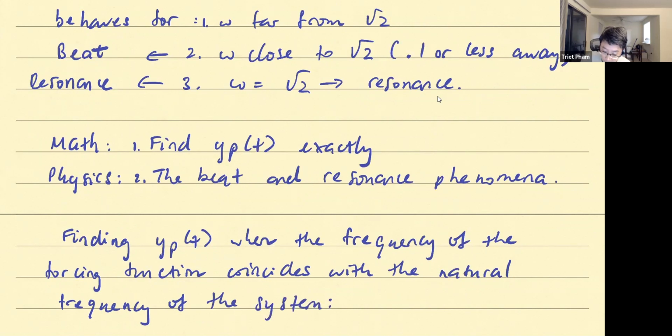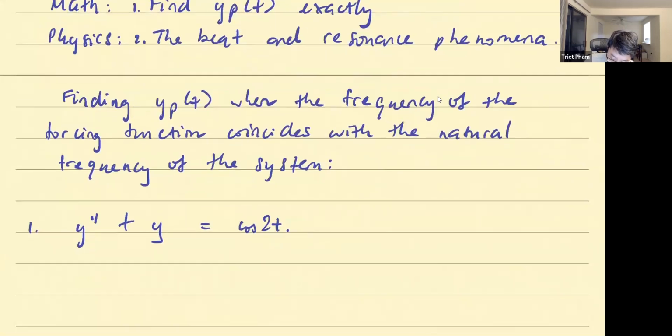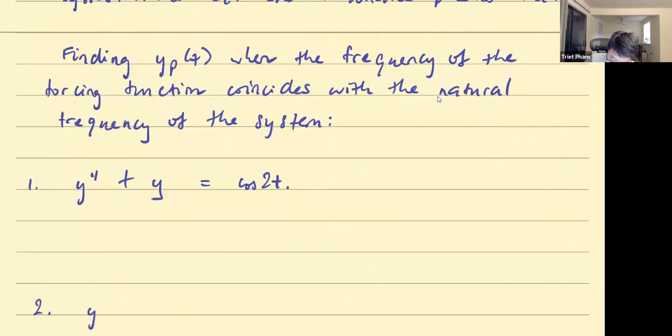Okay. So again, let me make it easier. Let's say y double prime plus y equals, in case one, let's say cosine of 2t, and in case two, cosine of t.